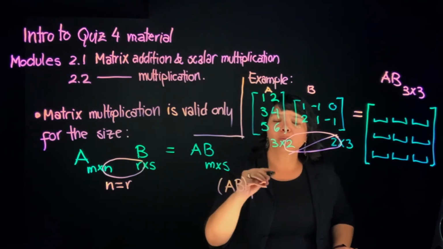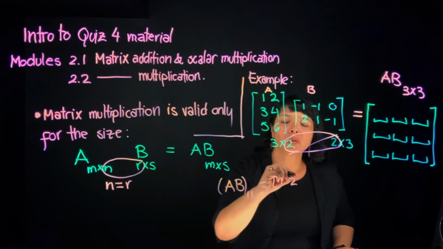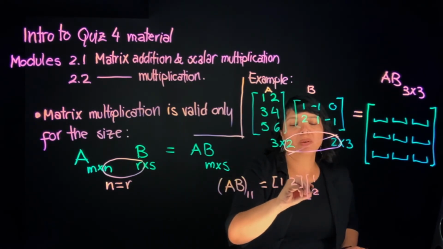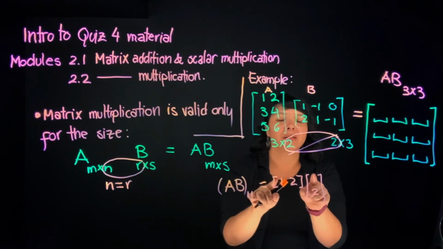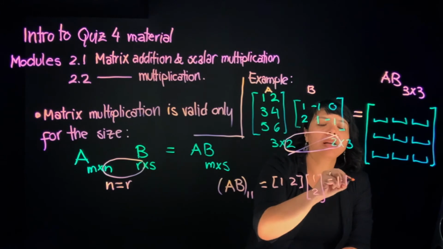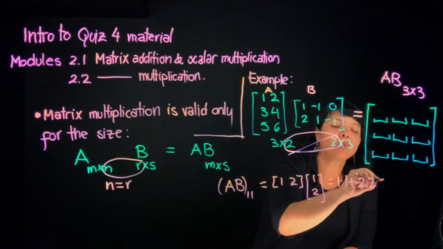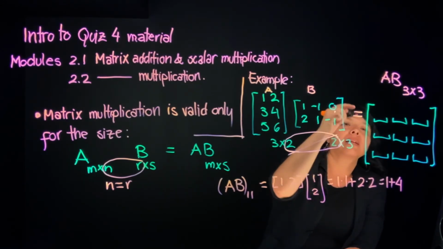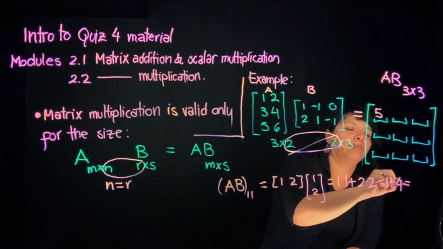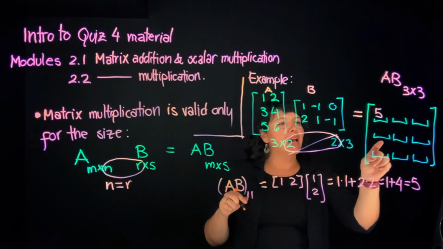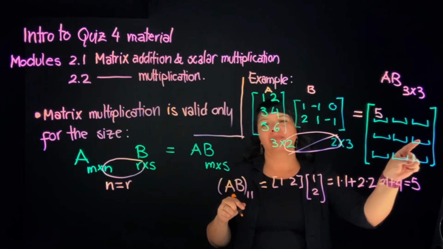So this is going to be 1, 2, product with, in this case, 1, 2 as well, and I'm going to match them: 1 and 1, and 2 and 2. So this is 1 times 1 plus 2 times 2, which is 1 plus 4. So my 1,1 entry here is going to be 5. Does that make sense?